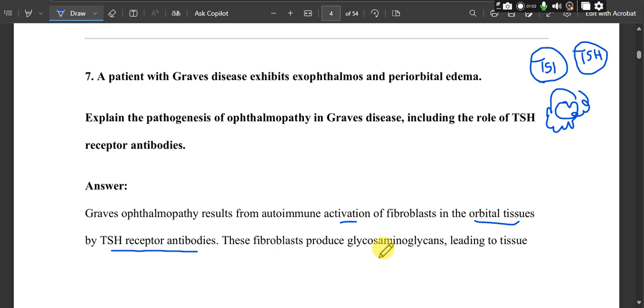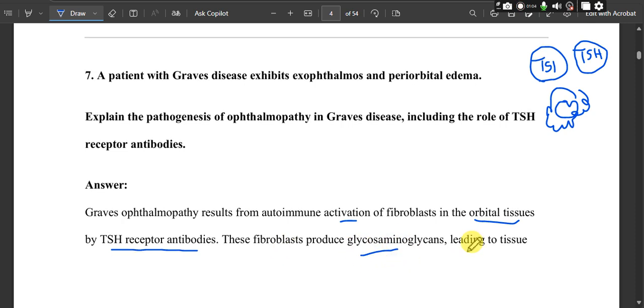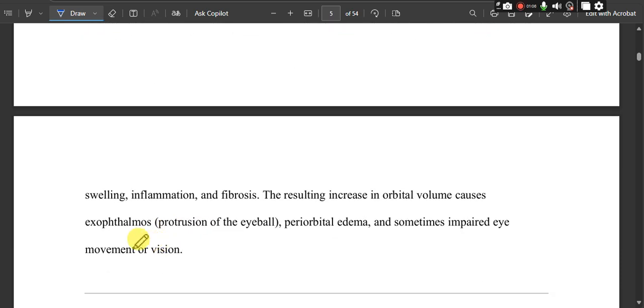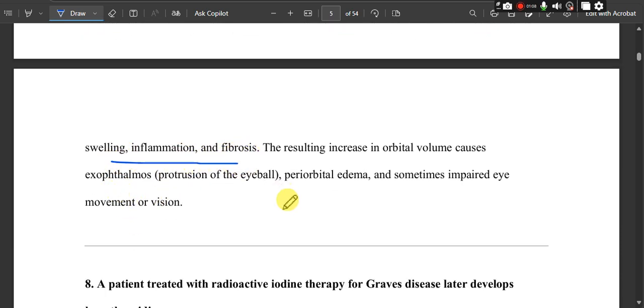So they start producing glycosaminoglycans, which leads to swelling behind the eye. This pushes the eyeball outwards, causing protrusion of the eyeballs.